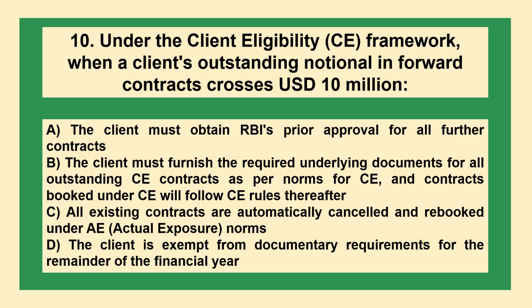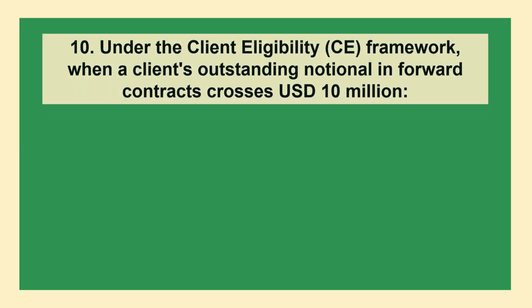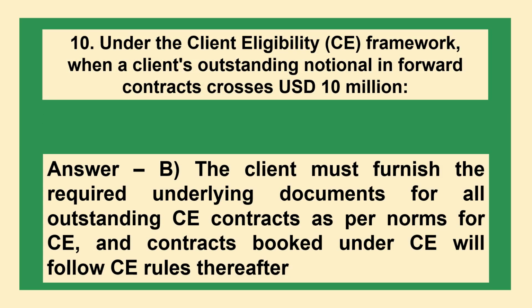D, the client is exempt from documentary requirements for the remainder of the financial year. The answer is option B. The client must furnish the required underlying documents for all outstanding CE contracts as per norms for CE, and contracts booked under CE will follow CE rules thereafter.